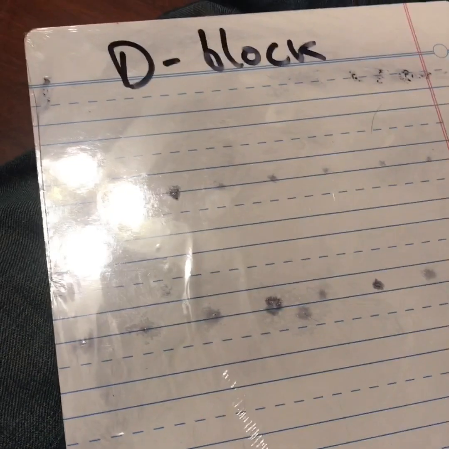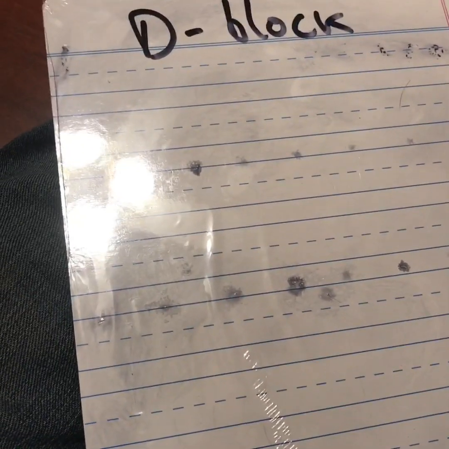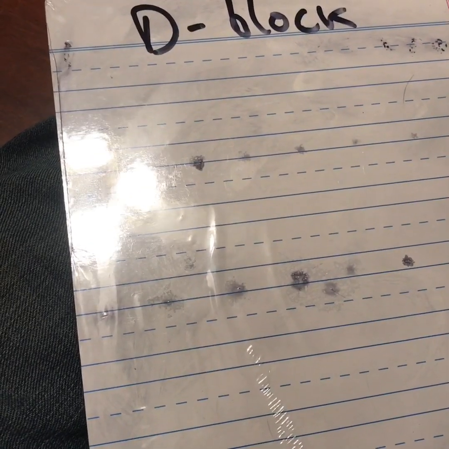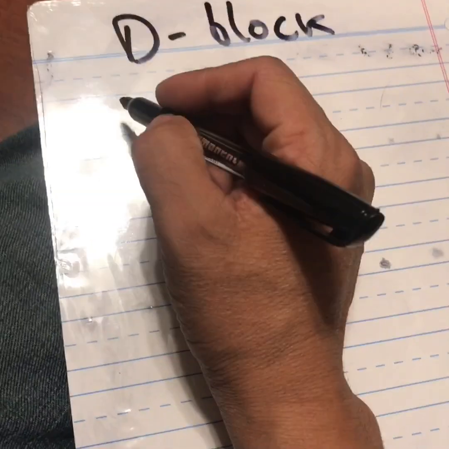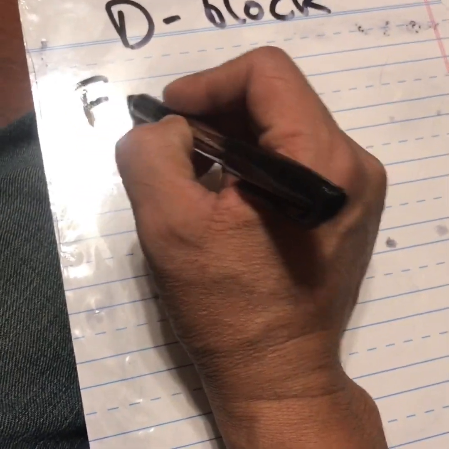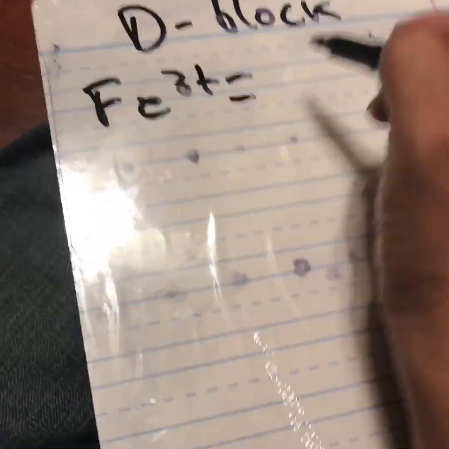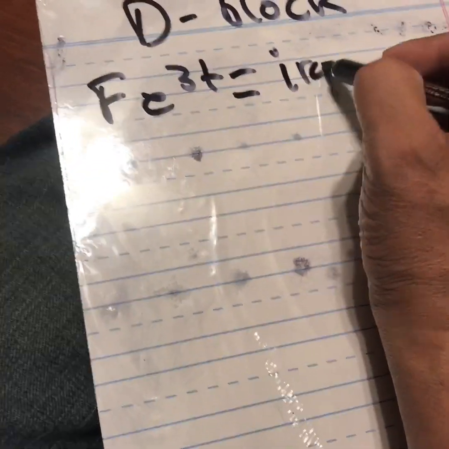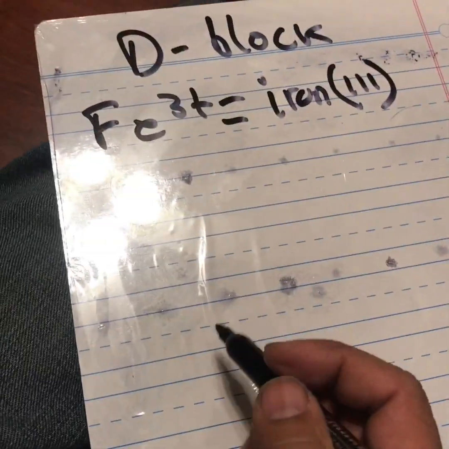Working with the D block, we need to use Roman numerals to indicate the charge. For example, we have Fe3+, which translates to iron(III).